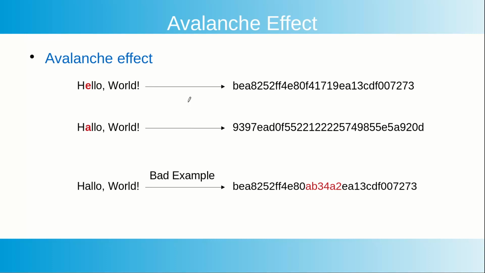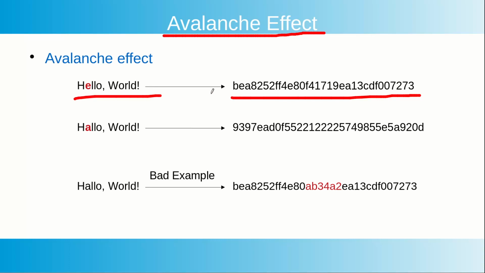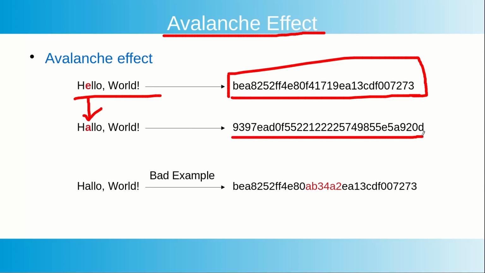Now before entering into the design of SHA-1, we will be talking about an important thing which is called avalanche effect. Now recall, for a good hash function, the required property is, if we change a single character or a single bit, then the whole output of the hash function should be changed. For example, here the hash output of hello world is this one, and you can check it out. I have just changed this E to A, and this entire output is completely changed.